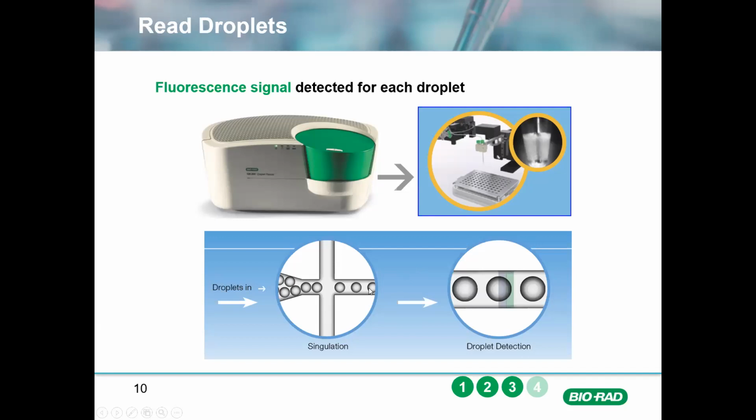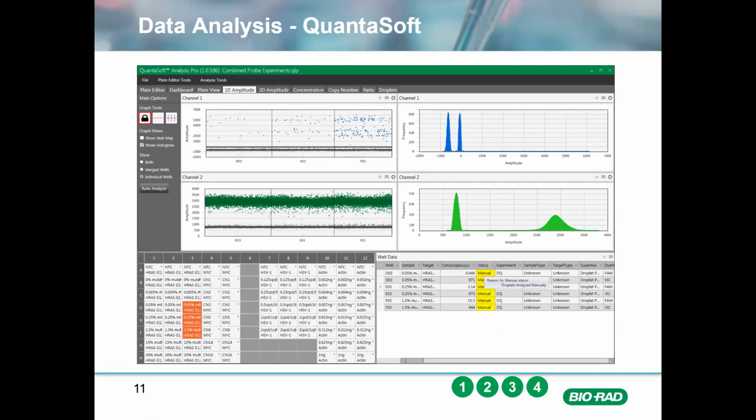It's going to singulate them past a fluorescent detector, and then we're going to measure the level of fluorescence in either 1 or 2 channels. And then all of that data is displayed in our QuantaSoft software, and we are able to very quickly get an absolute concentration in copies per microliter, and you can see that down here.